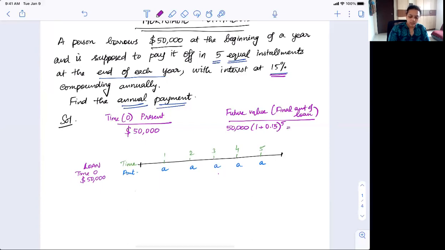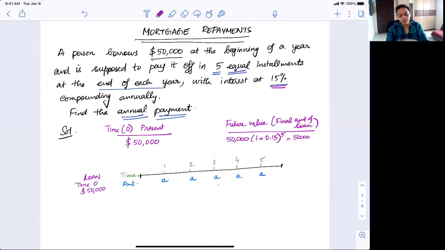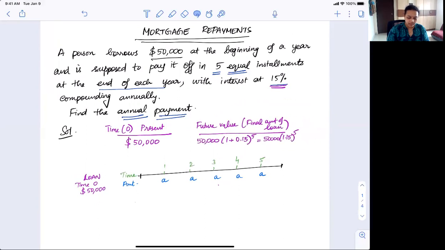Because we start off at 50,000 and it's going to compound at 15% every year, and it's for 5 years. So the final amount owed is just 50,000 times 1.15 to the power 5. The present value of the loan is 50,000. Now I'm just going to move this a little bit so that they are not too far apart.